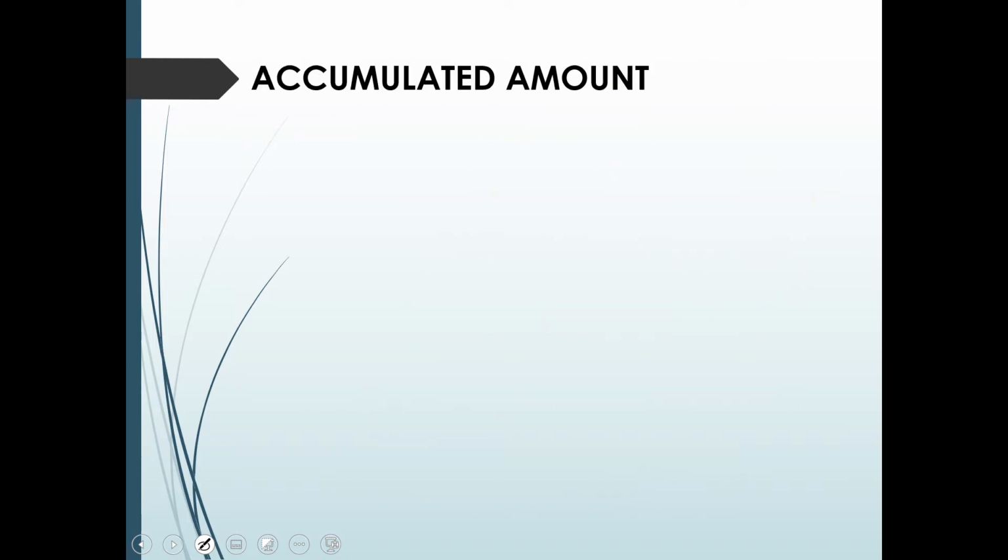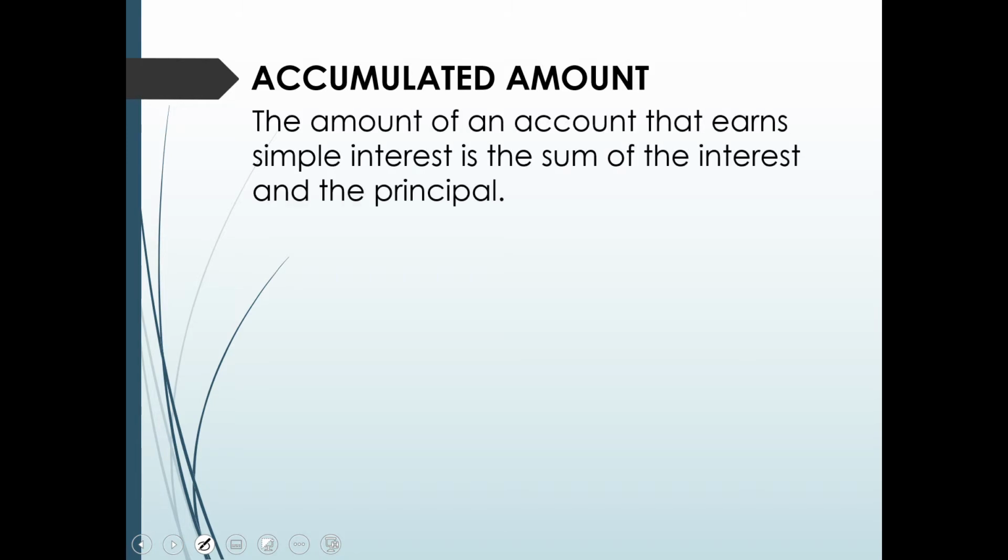The next definition, accumulated amount. What is that accumulated amount? Because you put something in the bank, you will gain the interest, right? So accumulated amount is the money you have in the beginning plus the interest you gain. It is the amount of money which you will get at the end of the period.